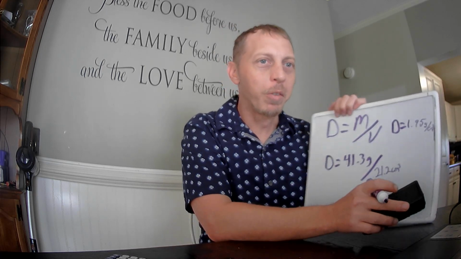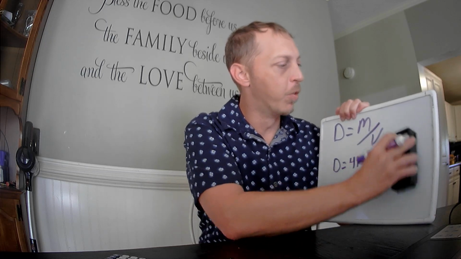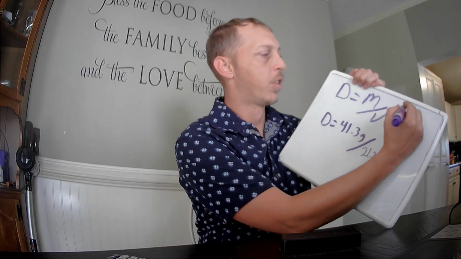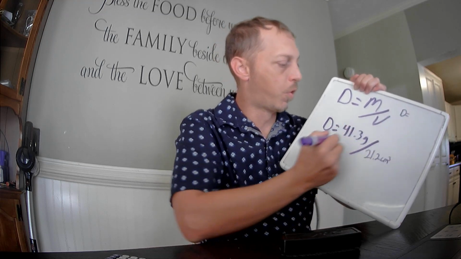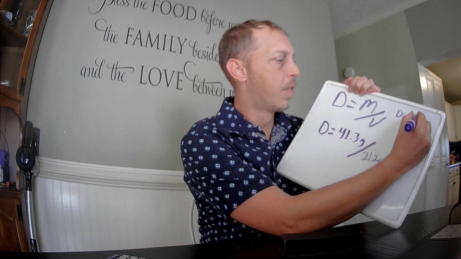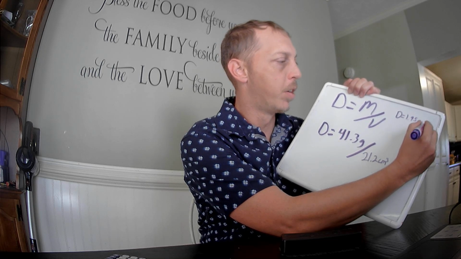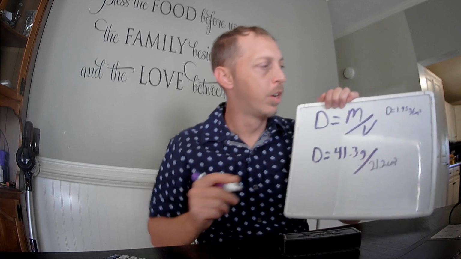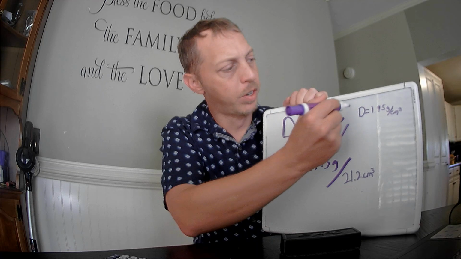So I don't like how I've got it all crammed in this corner right here, so we're just going to move it over again. So density D for this right here equals 1.95 grams per centimeter cubed. All right, and that's the density for that equation.